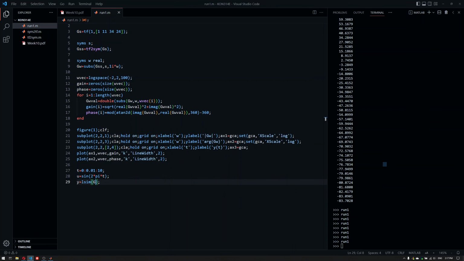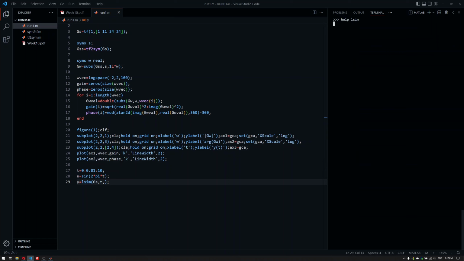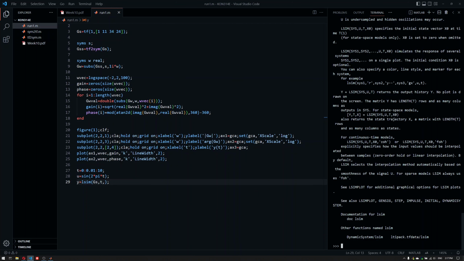It needs the transfer function. It needs the time and input, or input and time. So if you don't remember, like me, you can just look for lsim. System, input, time. Okay. System, input and time.